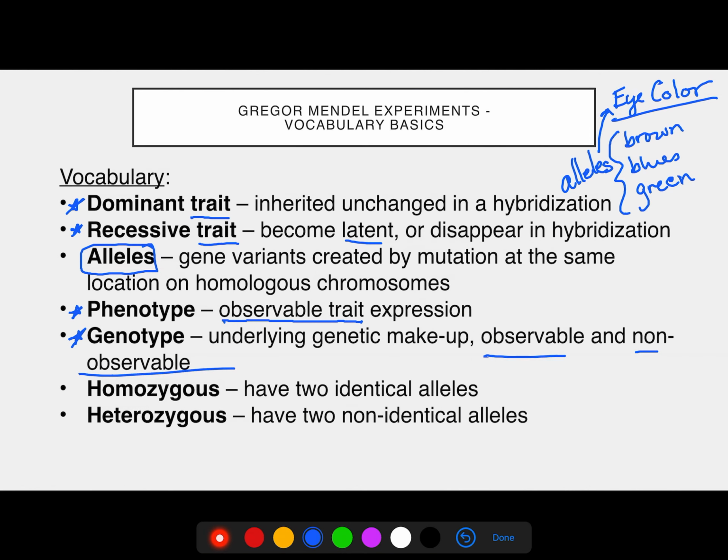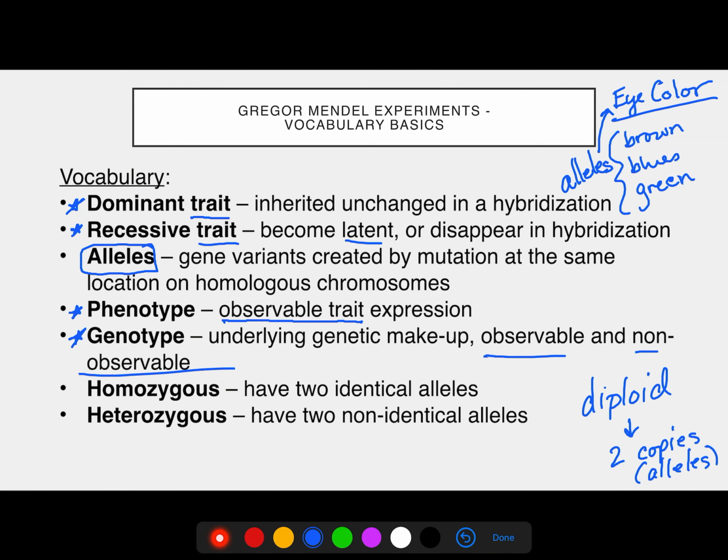And since most of the things that we'll be looking at are either pea plants or organisms like ourselves, those are diploid. And diploid organisms have two copies, or two alleles, if you will, of every gene.